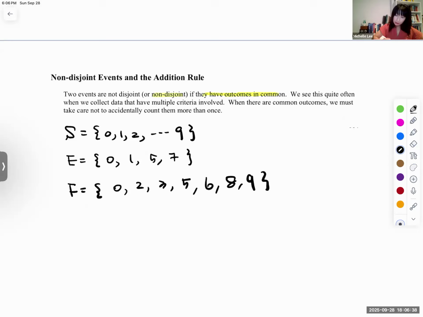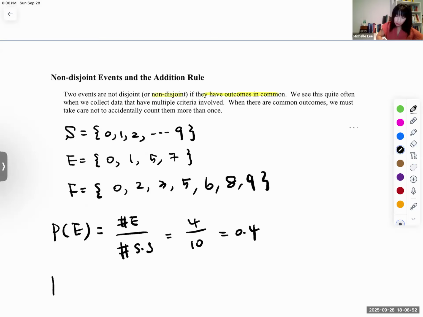Okay, let's talk about the probability. The probability of event E is the number of event E over the number of the sample space. So what do you get? It's 4 out of 10, which is 0.4. How about the probability of event F?